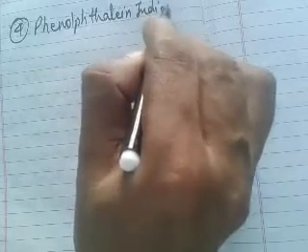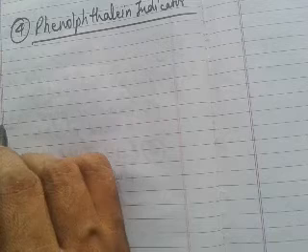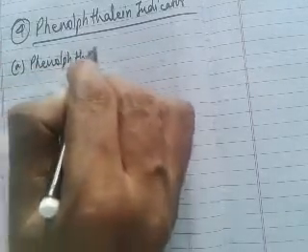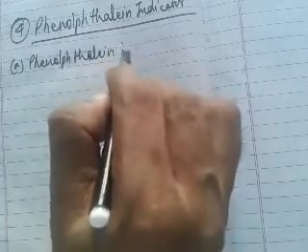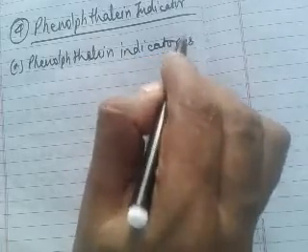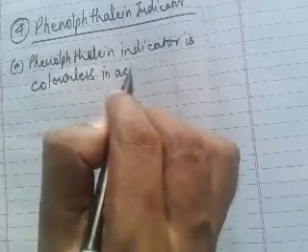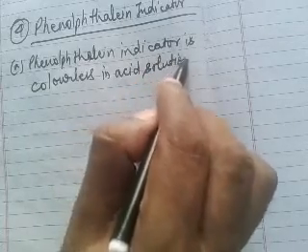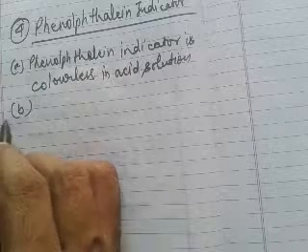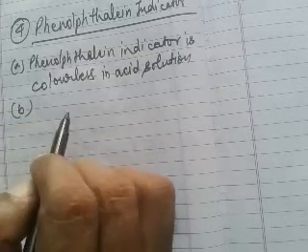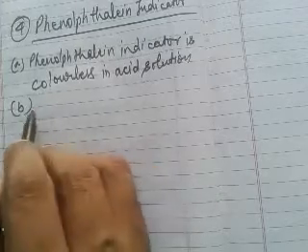The phenolphthalein indicator is colorless in acid solution, but it gives a pink color in basic solution.